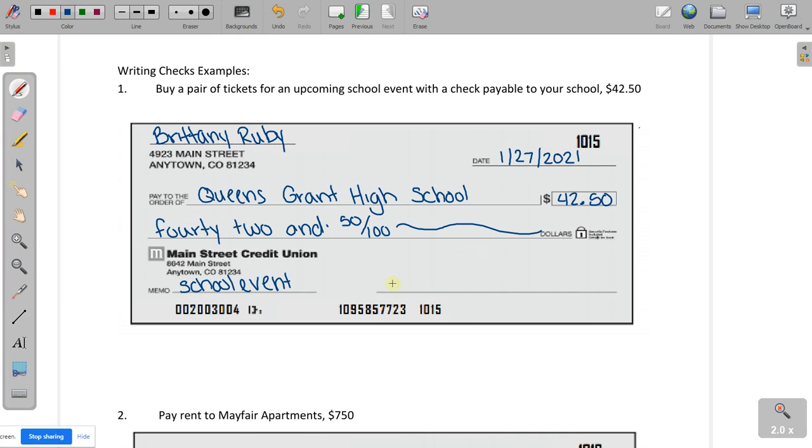And lastly, we are going to sign our name. Note here, the first set of numbers here is the routing number. The second set is the account number and then your check number, which is also the same as the top. And then this address here is information on your actual bank.